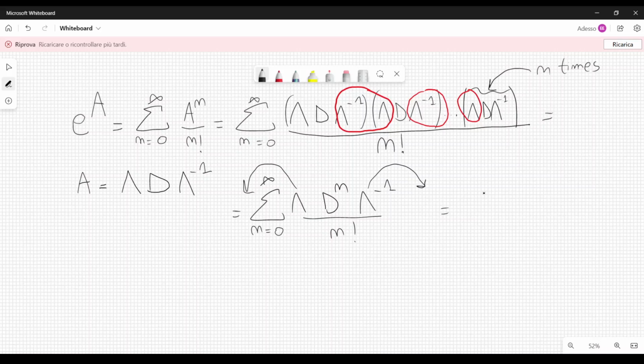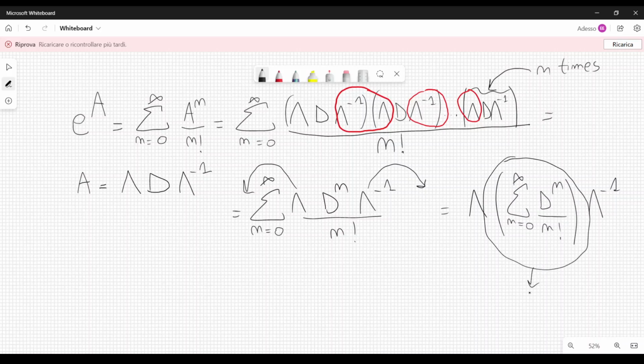So I can rewrite it as lambda times sum with the index n going from 0 to infinity, D to the power n over n factorial, lambda inverse. But what is this? This is simply e to the D, the exponential of a diagonal matrix.